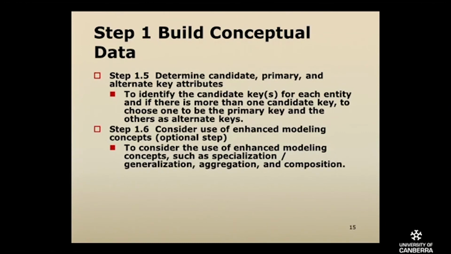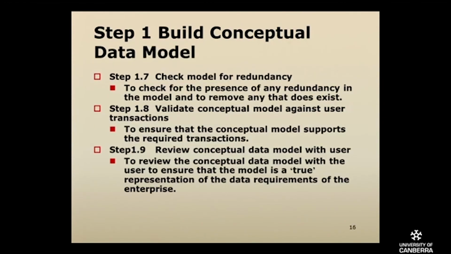Look at possible primary keys and foreign keys. You don't set them at this point. You consider what could be the primary key, okay, and then review. That's what the conceptual data model is.